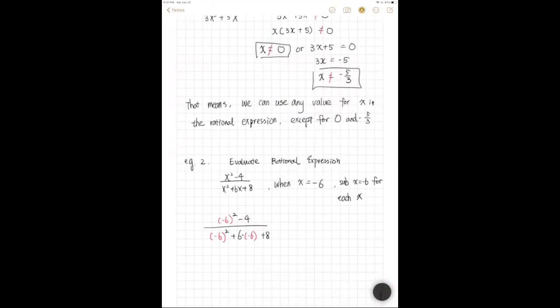Okay, watch here. Why would I put parentheses? Because if you don't put the parentheses, you will mess up the sign. Look, if I don't have parentheses, that would look like negative 6 squared minus 4, and then negative 6 squared plus 6 times negative 6 plus 8. Then, instead of a positive 36, you will end up getting a negative 36.